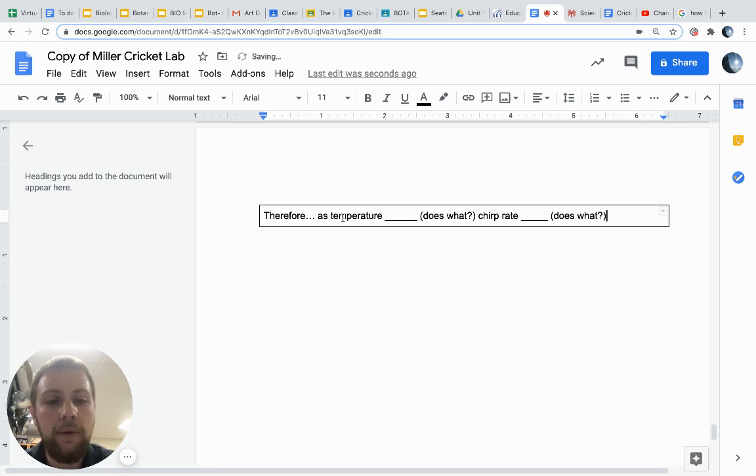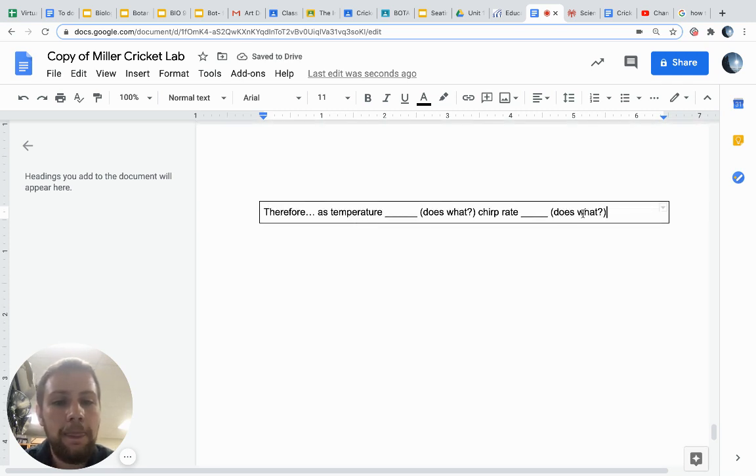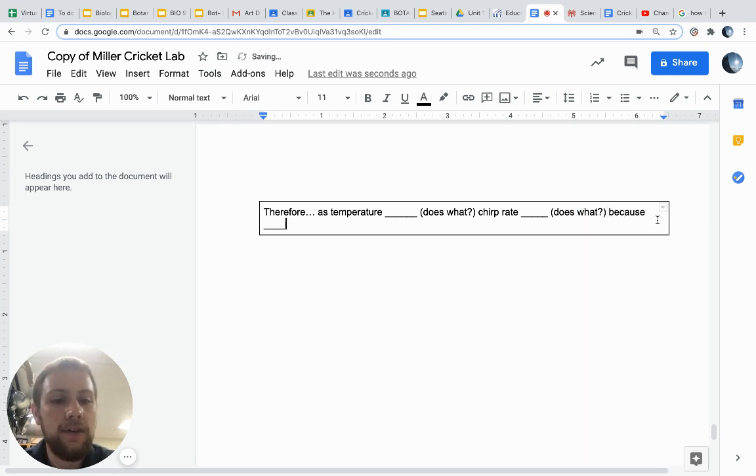Make your claim and then use that once again in your conclusion. I would also like you to include a because: why does it do that? So kind of an if-then-because type thing. As temperature goes up or goes down, chirp rate goes up or goes down or stays the same, because why do we think?